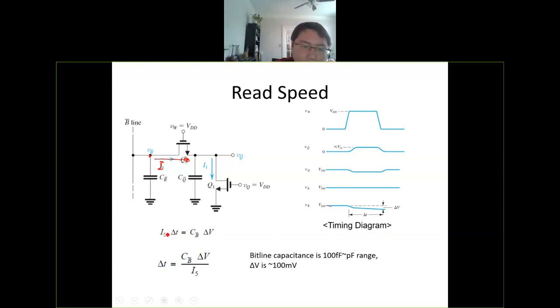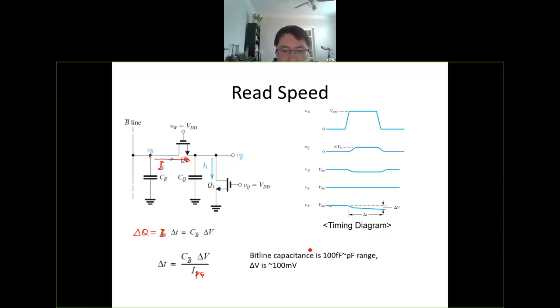And then the current multiplied by the delta T is the charge you get out of the bitline cap. And then this delta Q also equals the bitline capacitance times the delta V. So you can get the delta T equals this C bitline times this delta V divided by the I through the Q5 in this cascade, or let's say in practice is the PG current.